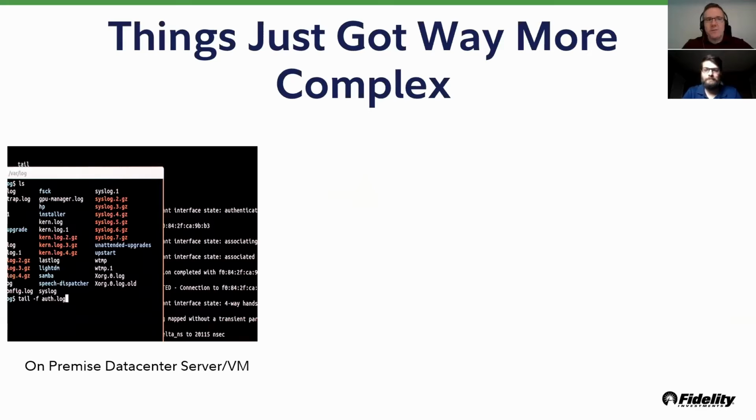So as we've embarked on that cloud journey, it's been awesome. And it's also introduced some complexity, and I'm going to focus on the observability space.